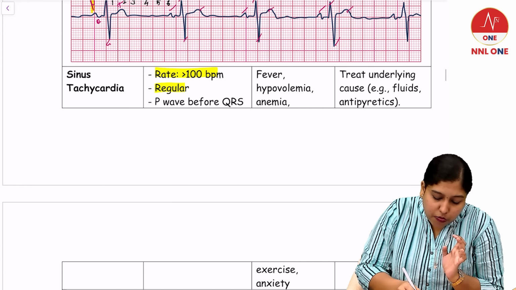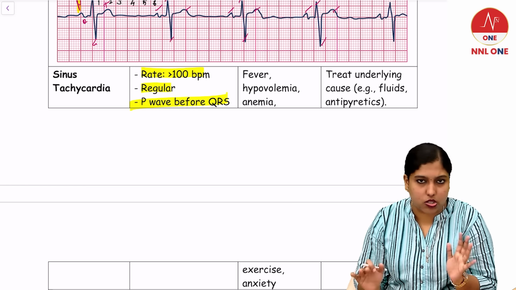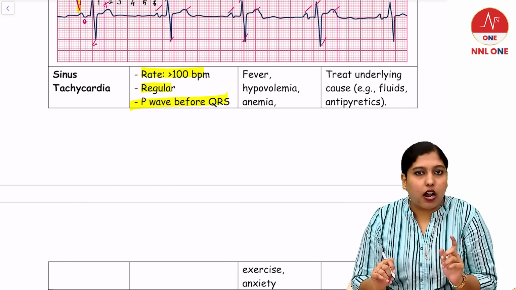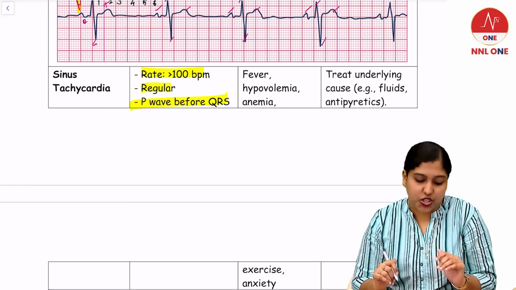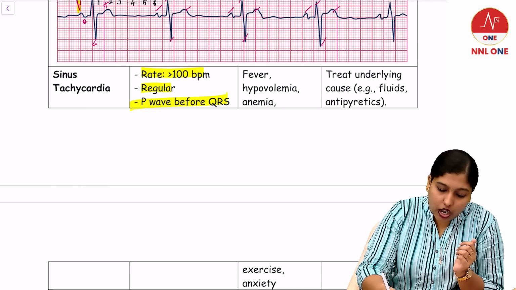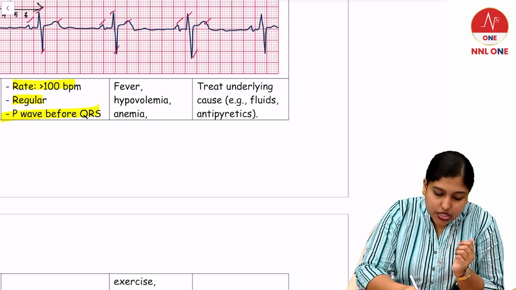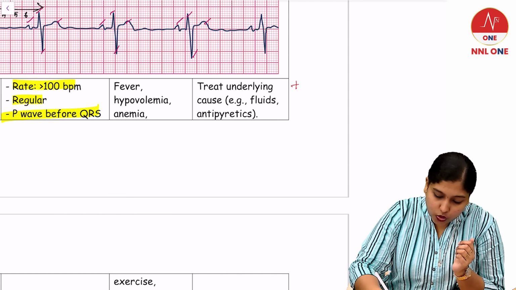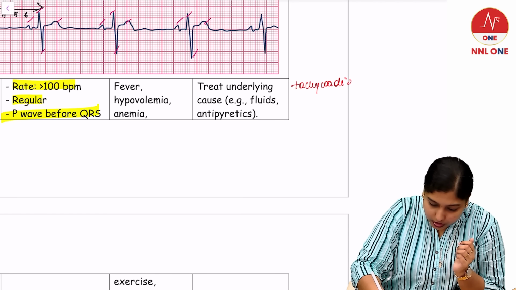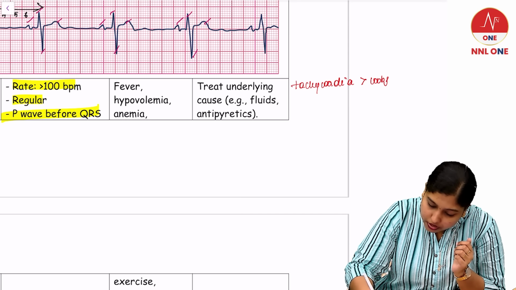The P wave before the QRS complex is present, which means every P wave has its QRS complex, and the rhythm is regular. But the heart rate is very much increased in case of sinus tachycardia. The most important point to note is that tachycardia means the heart rate is greater than 100 beats per minute.